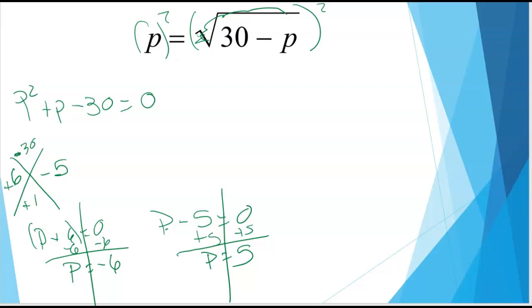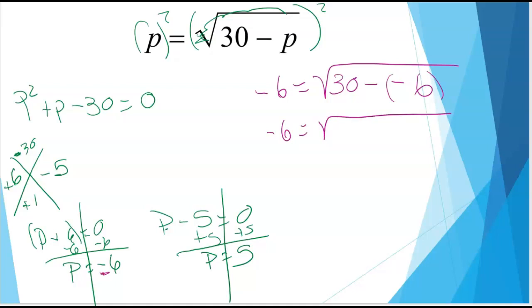Okay, so let's start with the negative 6. Negative 6 equals the square root of 30 minus negative 6, because there's our p right there, right? And the p was negative. So negative 6 equals the square root of 30 plus 6, 36. Negative 6 equals the square root of 36.